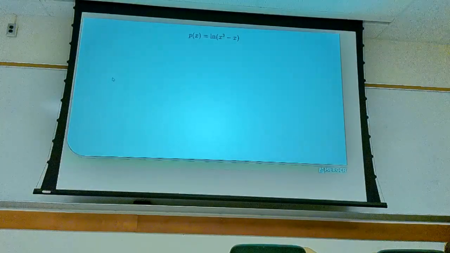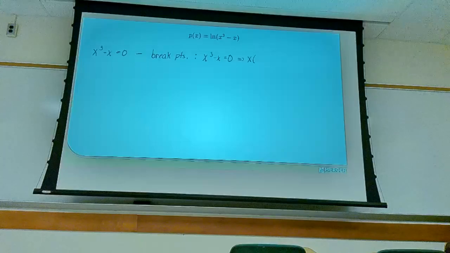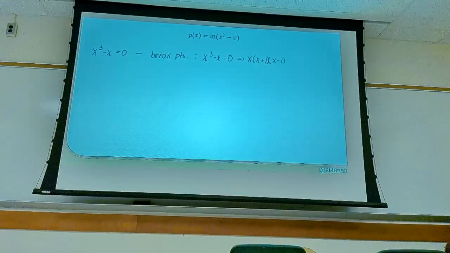X cubed minus x is greater than 0. So here we're going to have to find breakpoints. Fully factor it.